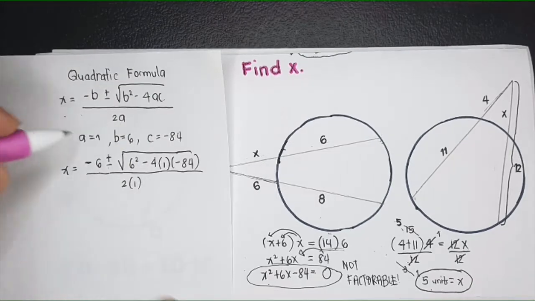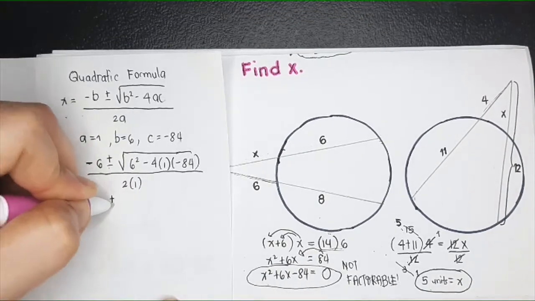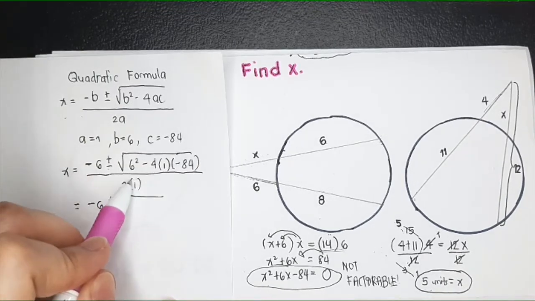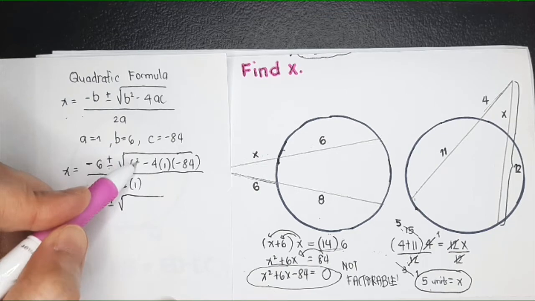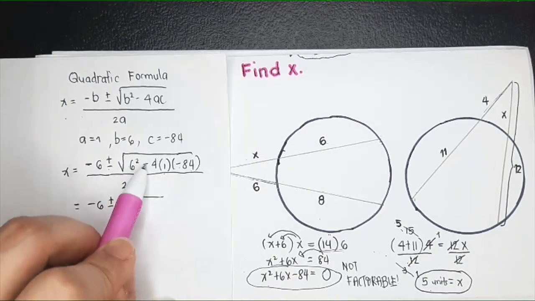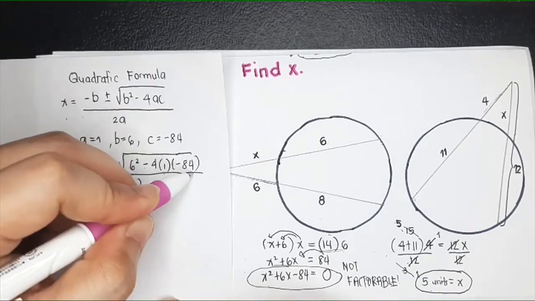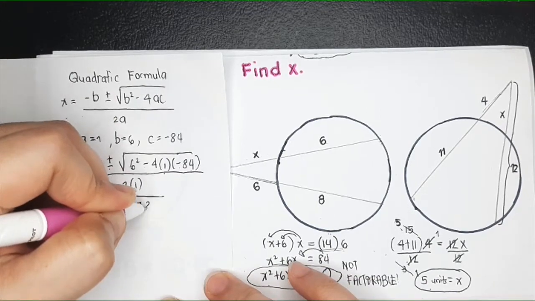Let's simplify. So, we have negative 6 plus minus. Okay, please do the math here. You have 6 squared, that's 36. And then minus 4 times negative 84. So, that becomes positive. You will get 36 plus this one, you will have 372.